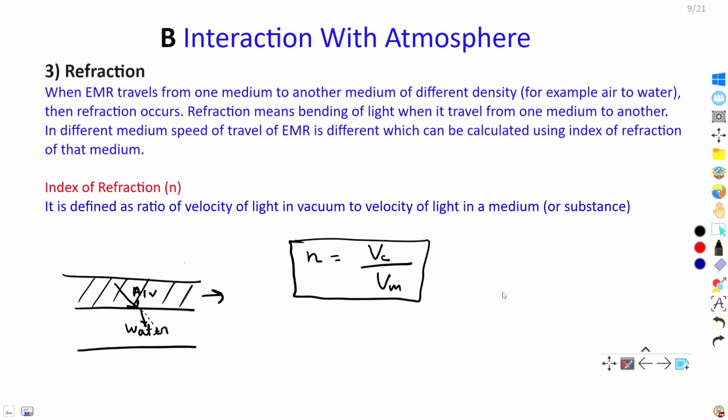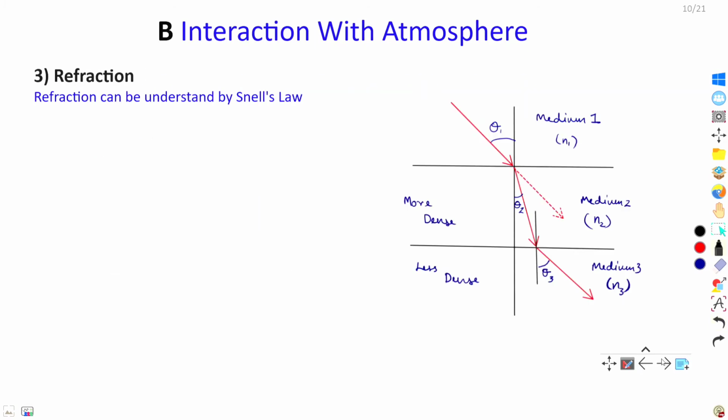Also, for refraction, Snell has given a law, which is defined as the product of the index of refraction with the sine of theta, where theta is the angle of the incident ray with the normal of that plane, remains the same.